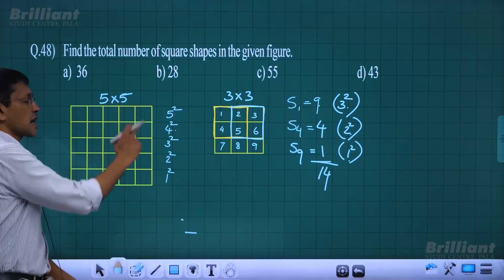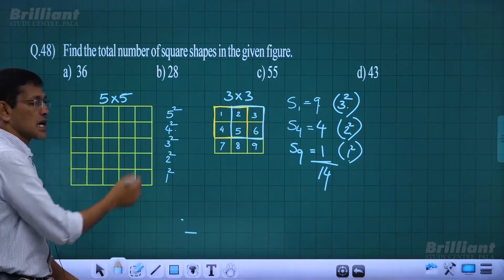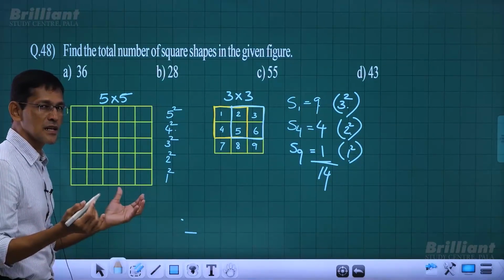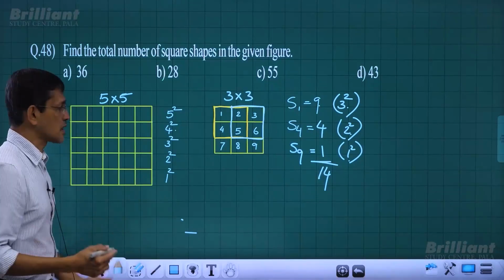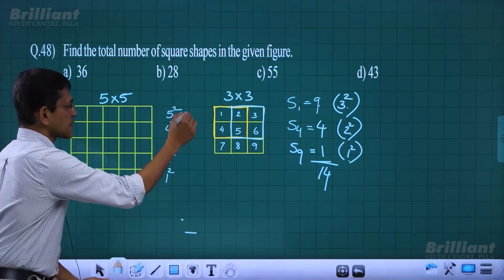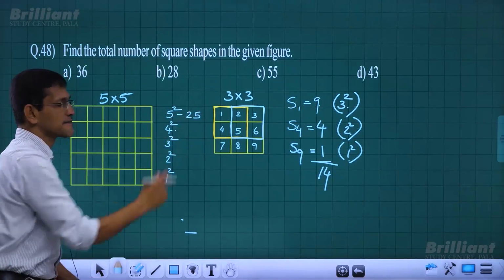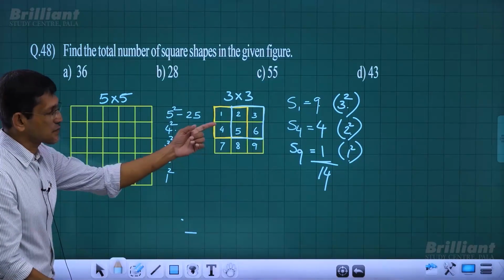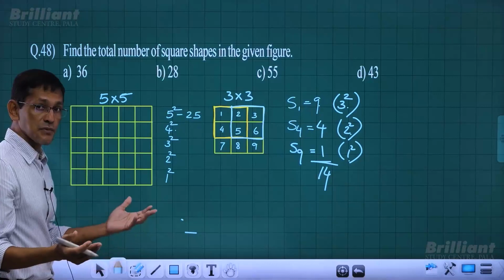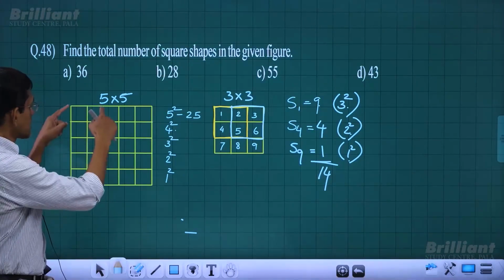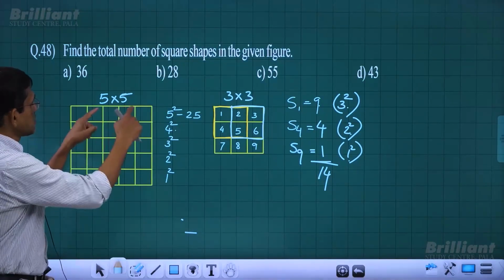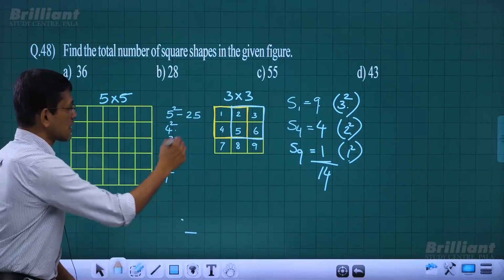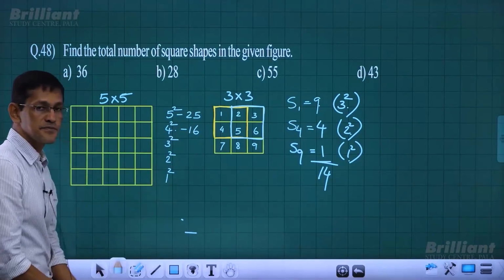Here we have 25 pieces. If you take one piece at a time, how many do you get? S1 is 25. So the first part, 5 square, that is 25. Next, we take 4 pieces together. If you take any 4 pieces together, there are many possibilities. When you count it, what you get is 60.